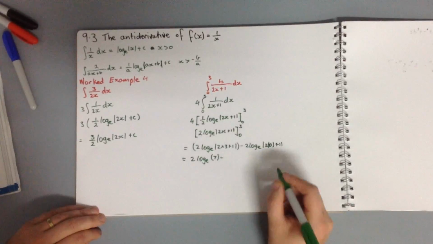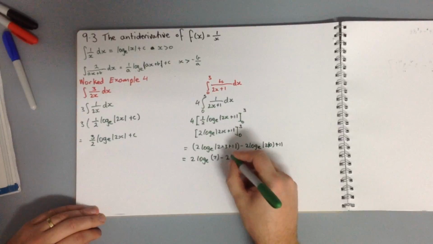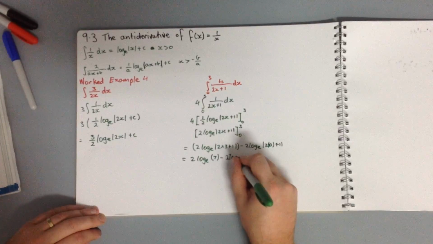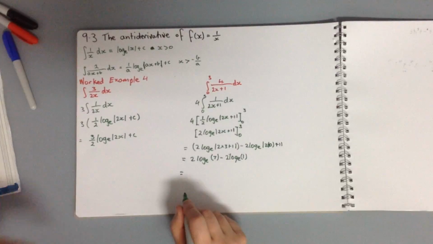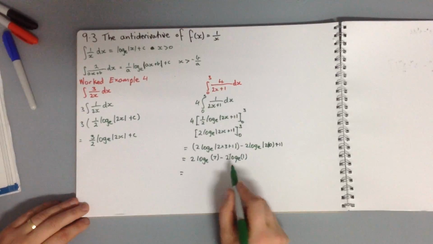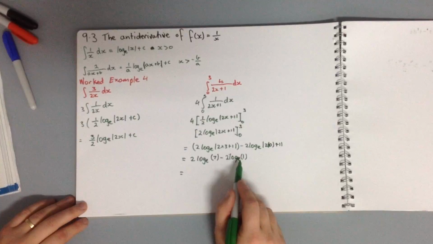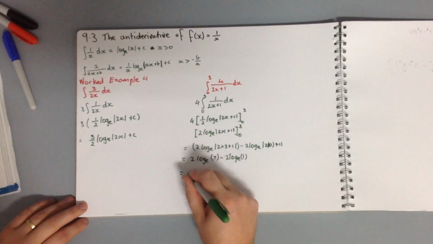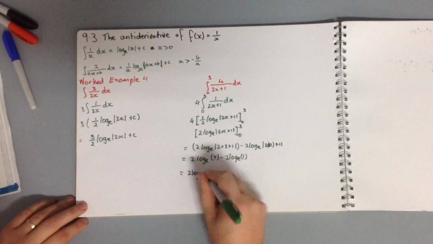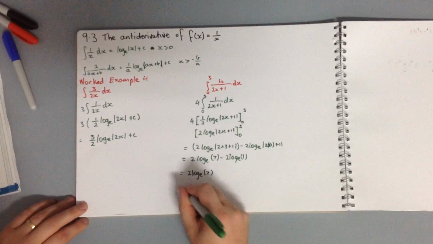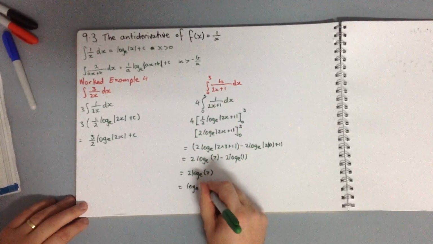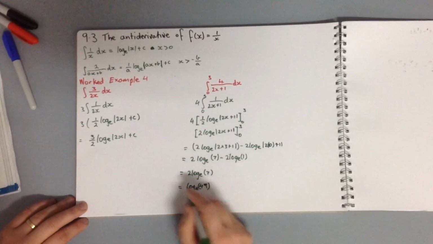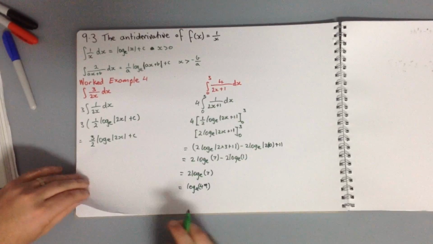Then we take away 2 log to the base e of 1. Remember that log to the base e of 1 is 0, so it's simply 2 log to the base e of 7, or if you like, log to the base e of 7 squared, which is 49. Either one of those answers would be fine.